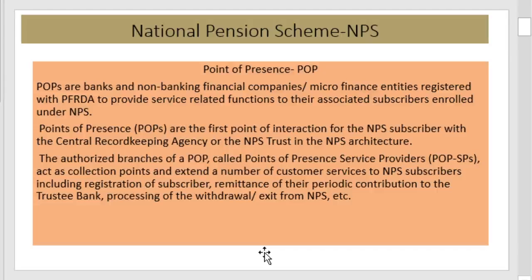Here, POP is the Point of Presence, the institutions associated with subscriptions, and the second one is the Point of Presence Service Provider, the authorized branches of POP, called POP-SP. They do all other matters concerned with the National Pension Scheme.